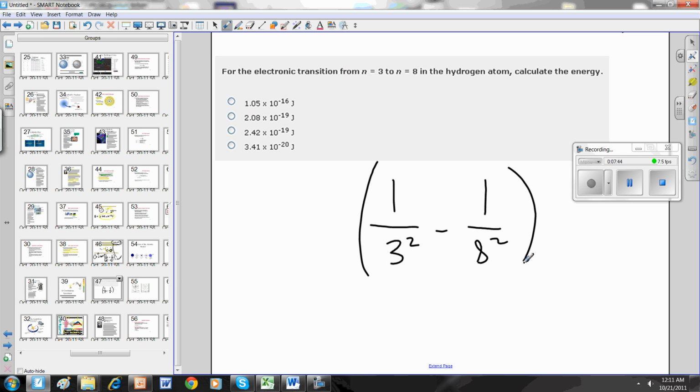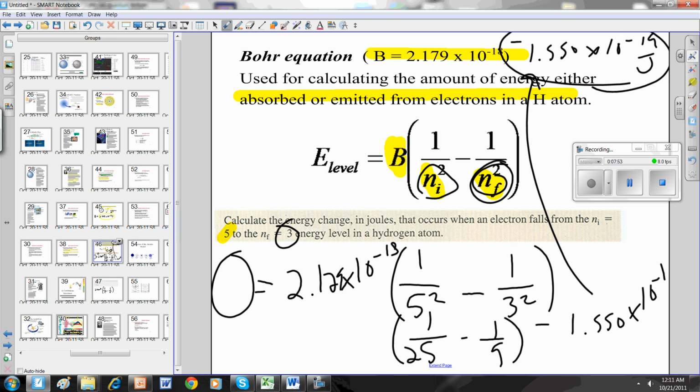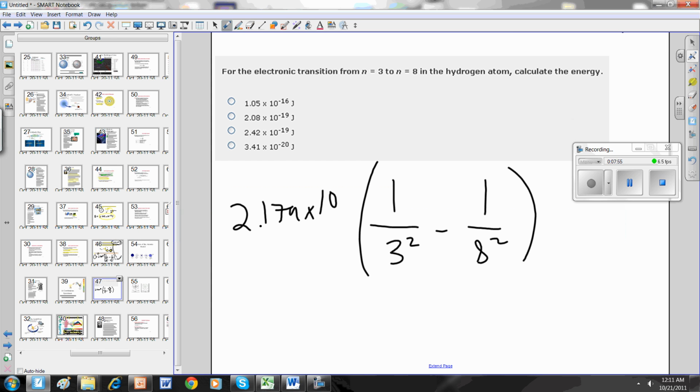Set up like this. You get 2.179 times 10 to the, what is it again, negative 18th. Set it up, and it's a simple calculation. All you have to keep in mind is the initial value goes here, final value goes here.